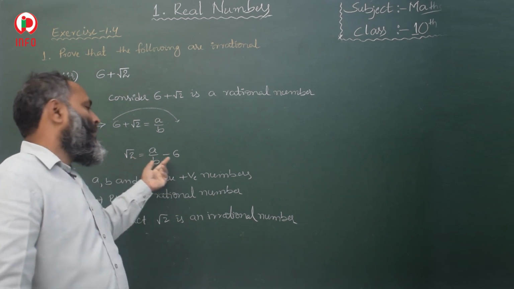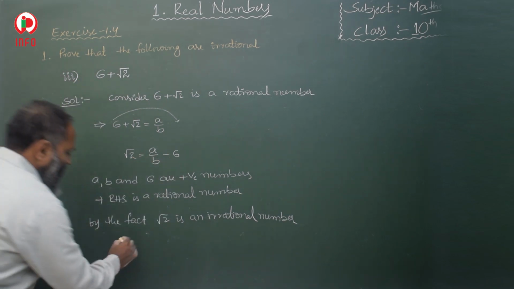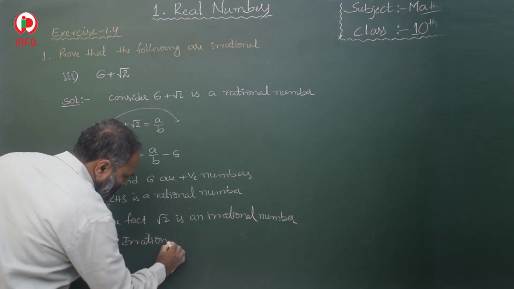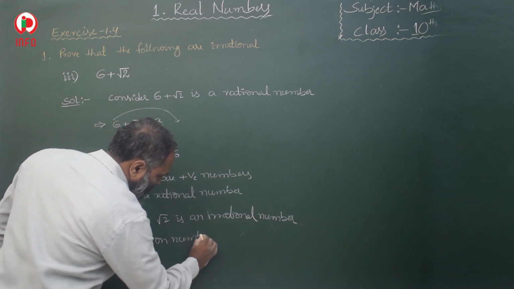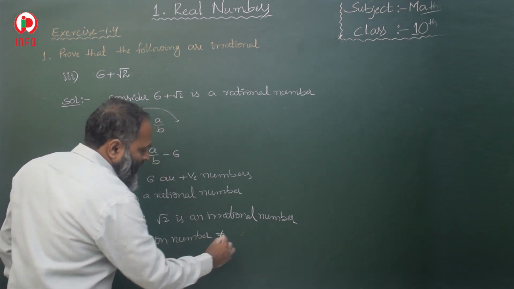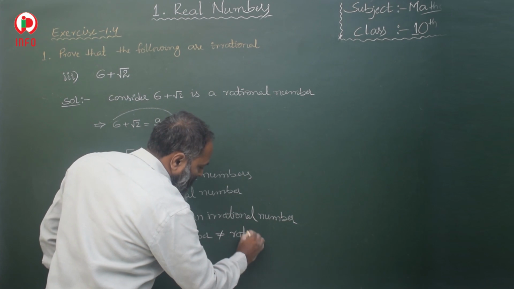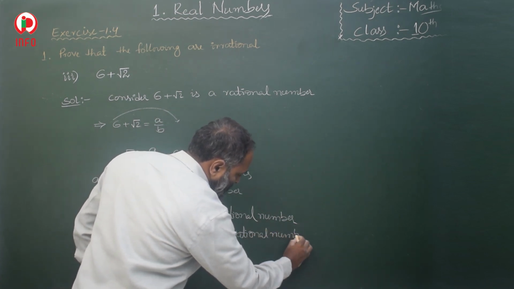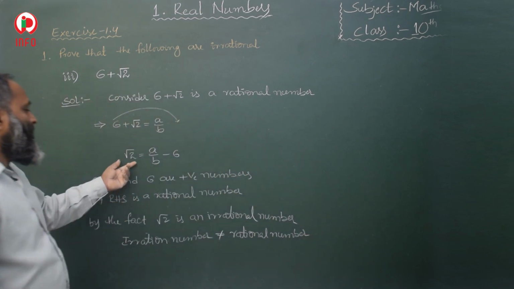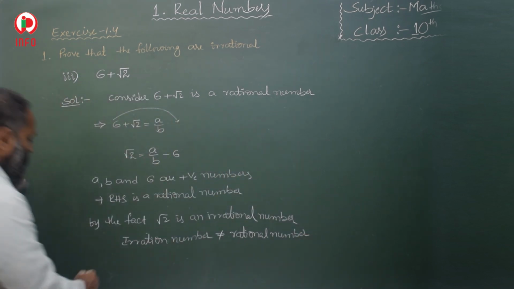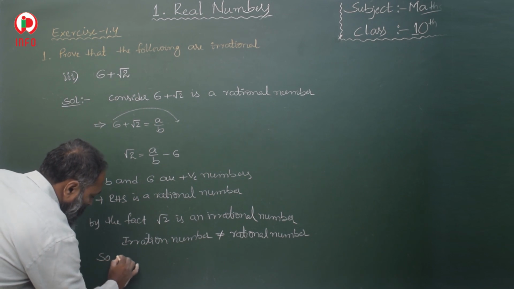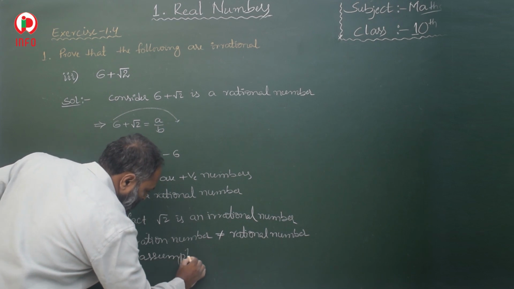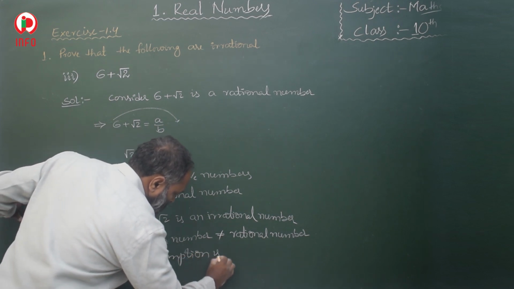An irrational number is not equal to a rational number. So our assumption is wrong.